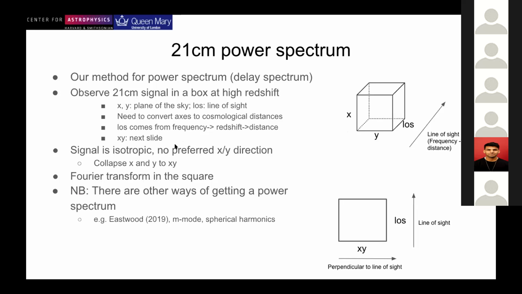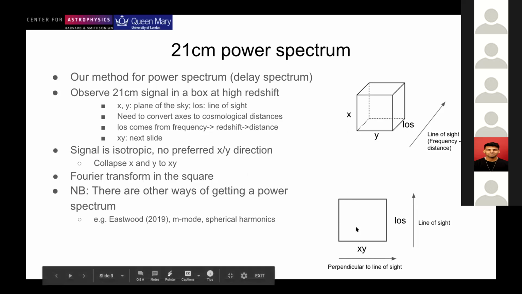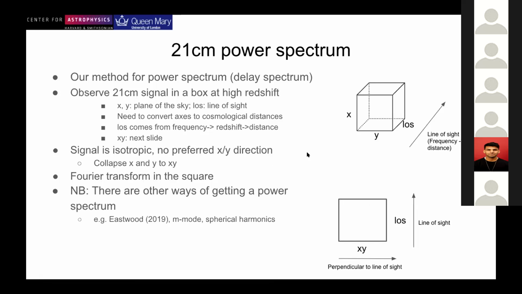So we collapse X and Y to what I'm calling XY, and just Fourier transform in this square. There are other ways, obviously, of getting a power spectrum, and we've heard some of them. I just want to point out Mike Eastwood's work. He generated power spectra using M-mode analysis, which comes from spectral harmonics, and that was on Owens Valley data.